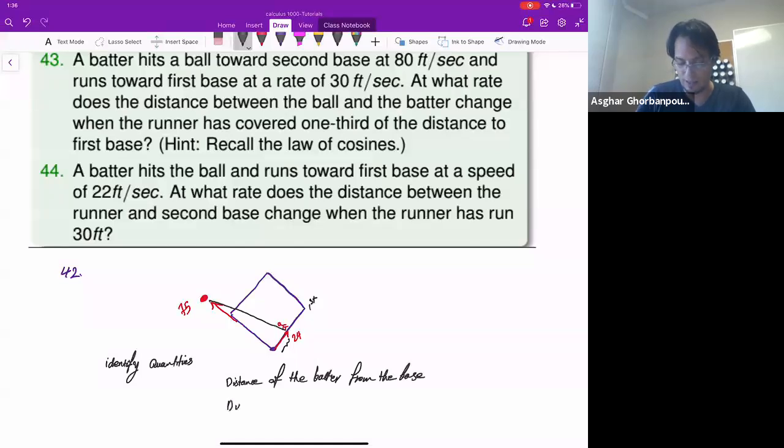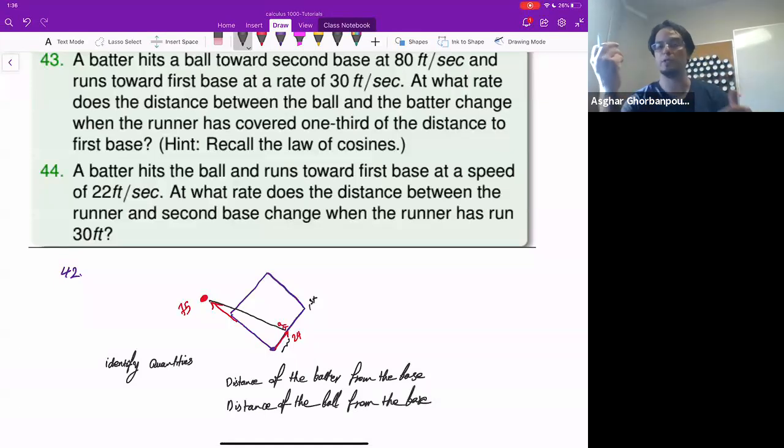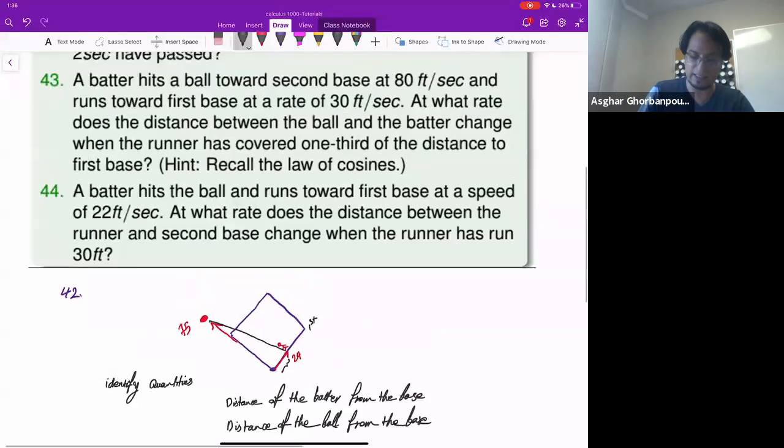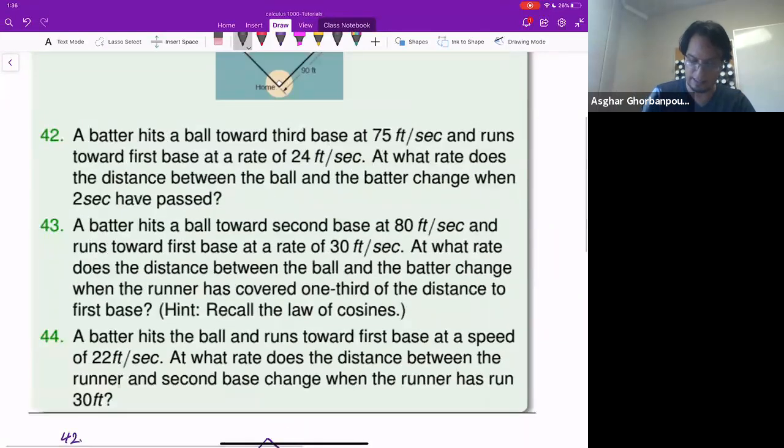Also, we have the distance of the ball from the base. That's changing. One of the key points when you're identifying the quantities is that the quantities that are changing are definitely some of the quantities you will use in your problem. And the quantity that we are looking for is the distance between the ball and the batter.